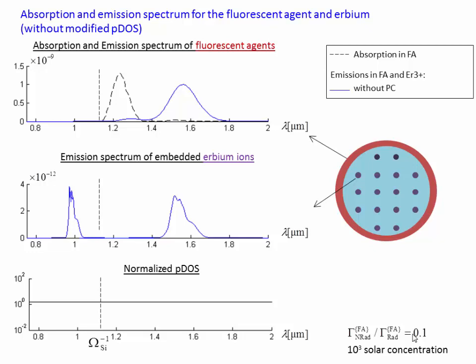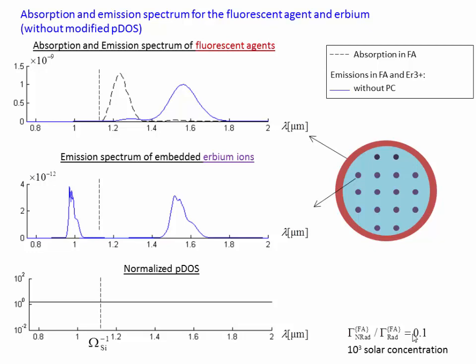The top one is the fluorescent agent graph, and the bottom one is the erbium ions graph. For the absorption and emission, the rate is roughly the same. That means that once sunlight is absorbed by the fluorescent agent, it will basically emit without transferring into the inner erbium. And this is the case without any photonic crystal.